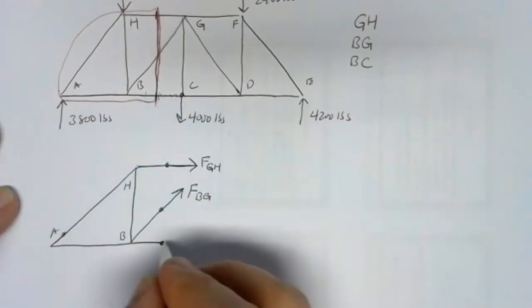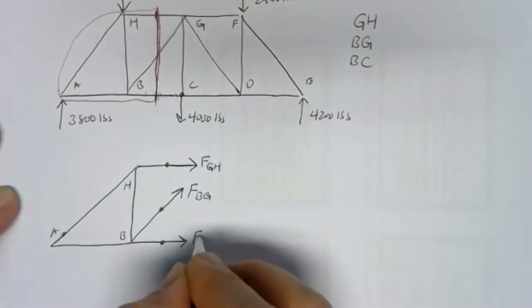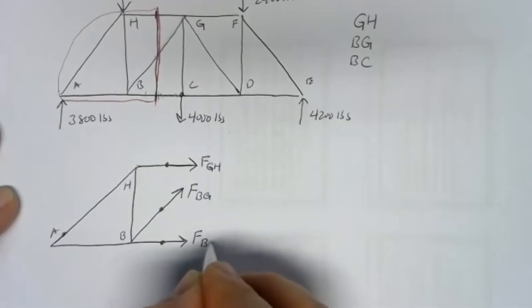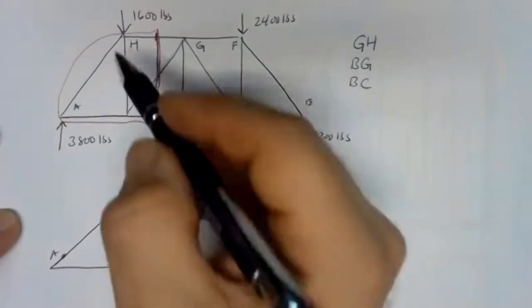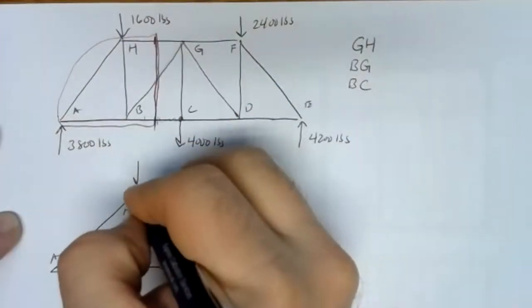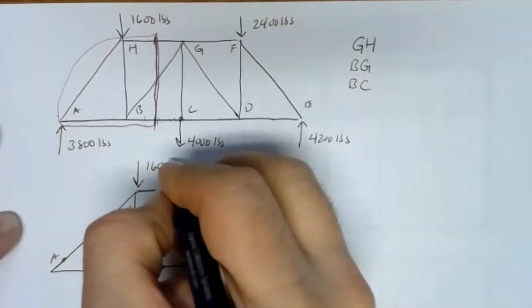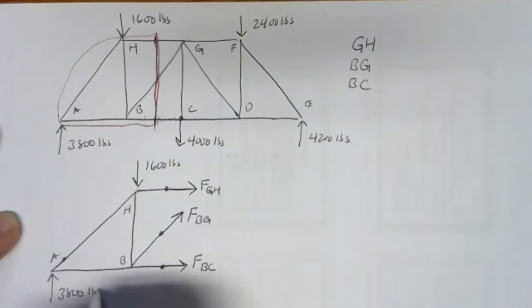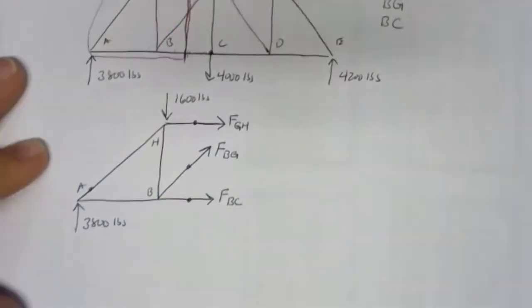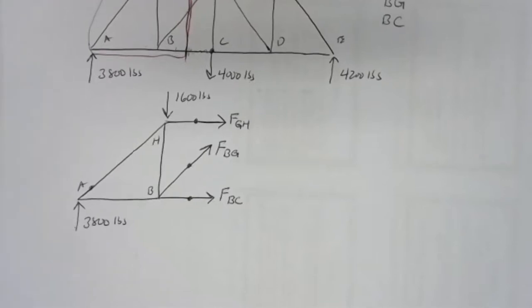What's left behind feels a force that we'll call FBC. And then, of course, we still have the external forces: that 1,600 pounds pushing down at H, and the 3,800 pounds pushing up at A. So there's the free body diagram of the section of the truss that we have isolated.